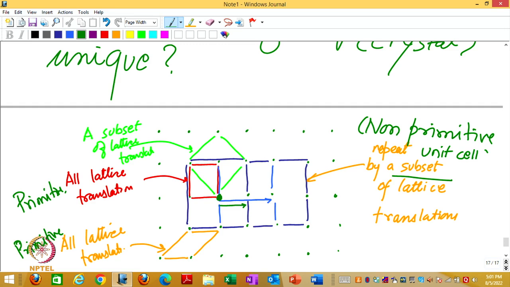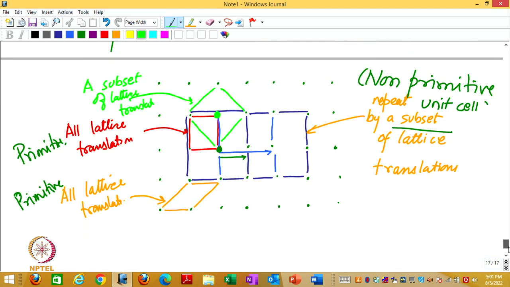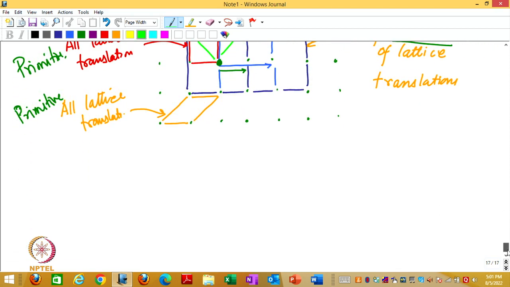Primitive is having lattice points only at the corners, you can see the way I have drawn, whereas non-primitive is always having some point inside. This green one also is having one green lattice point inside. So, that gives us a classification of unit cells.